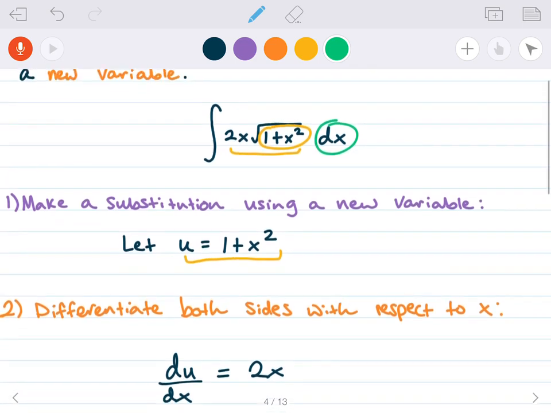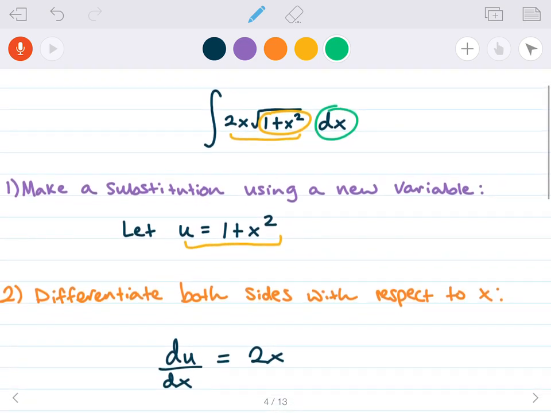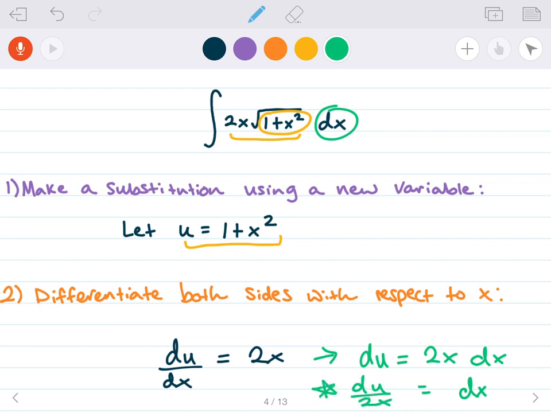So maybe I'll just stay up here while I do this. If we isolate dx with this equation that we just found, we end up getting that du is equal to 2x dx, first by multiplying dx on both sides. And then I can divide both sides by 2x to give me that dx is the same thing as du over 2x. And so I can make that substitution right here.